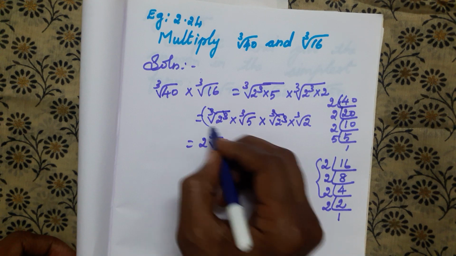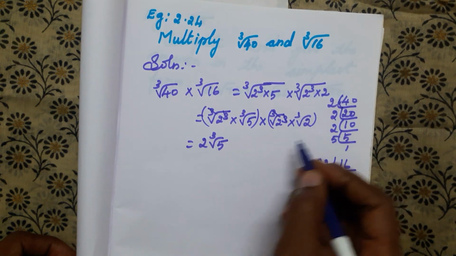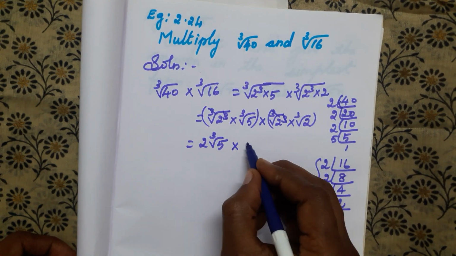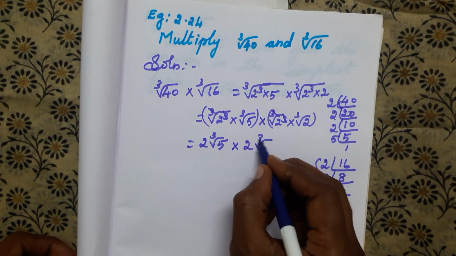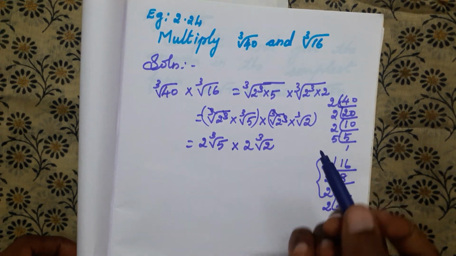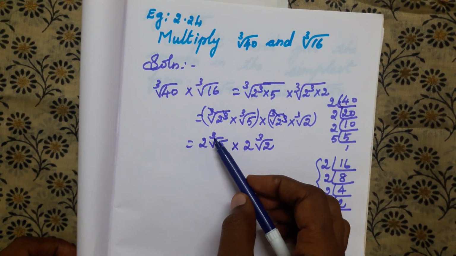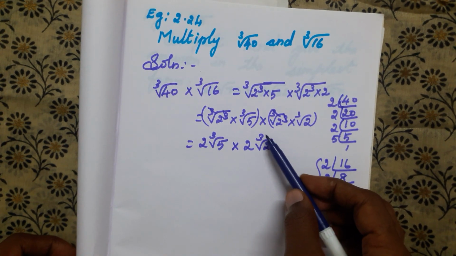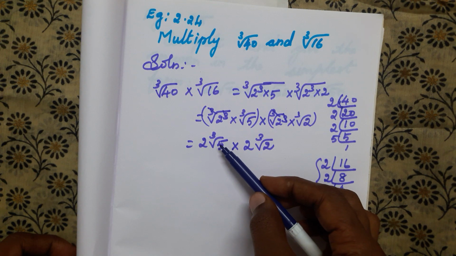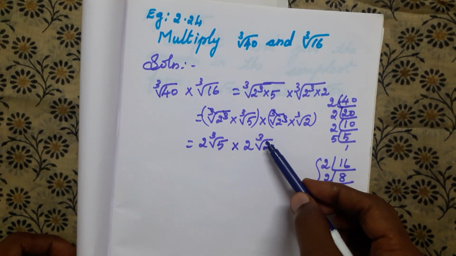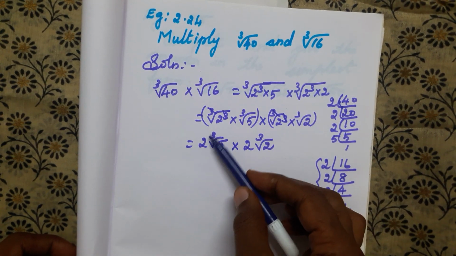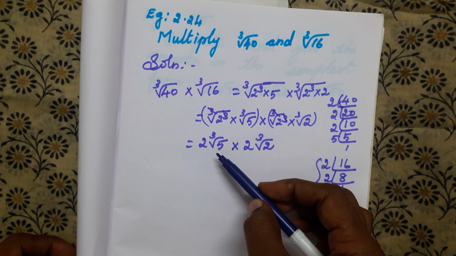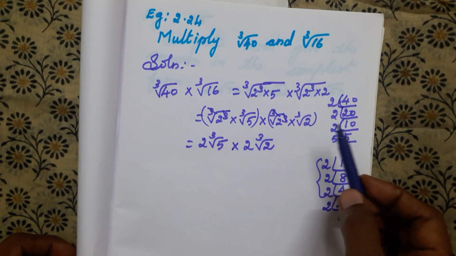Next, into 2 cube root of 2. Already I have explained, for multiplying or dividing, the order should be equal. The radicand may or may not be equal.